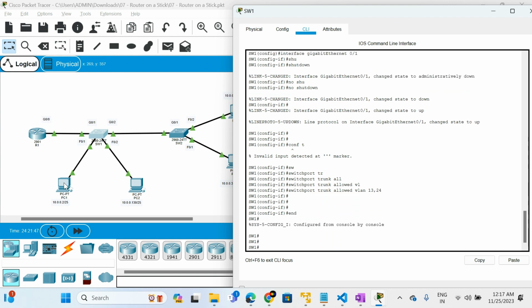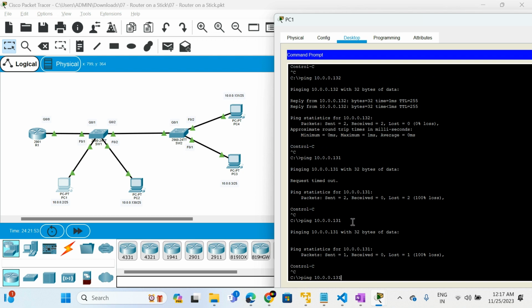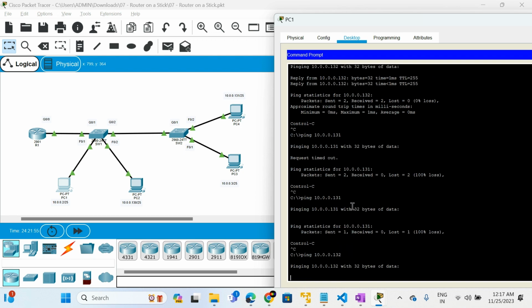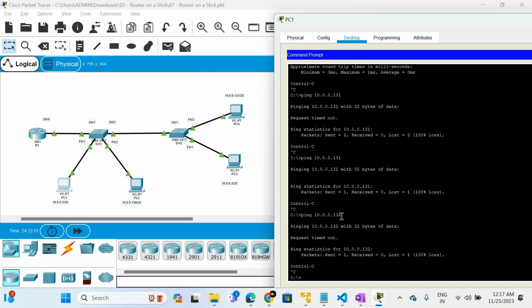When I do that, ideally it should not ping. The 132 network should not be pingable. Yes, now it's not pinging. That's a good sign, because these are all part of different VLANs.